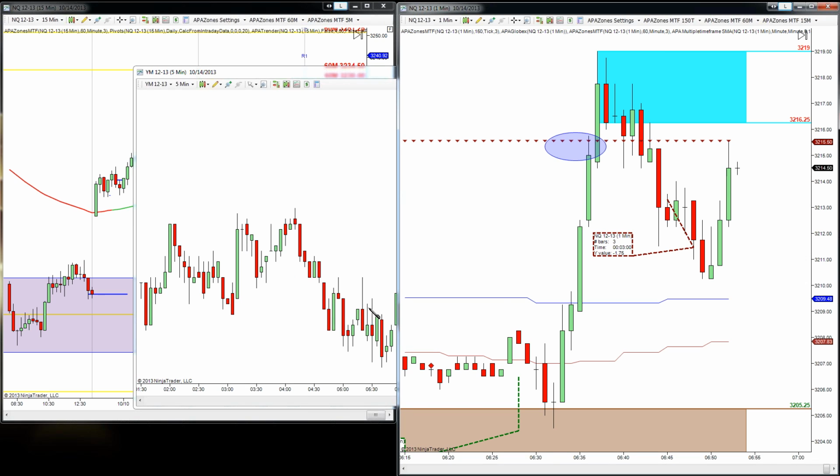I got stopped out just below this low here, and was able to get back in right up here. So we'll see what happens with this next one.